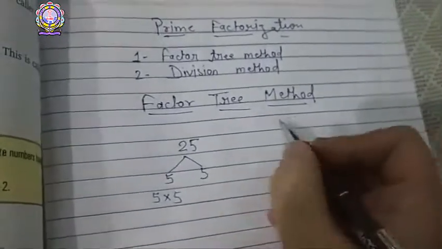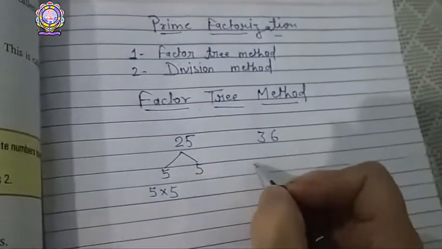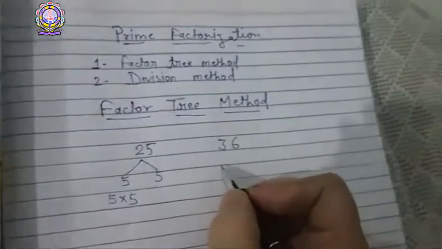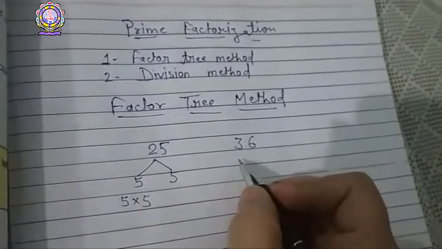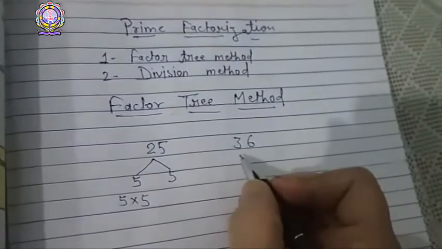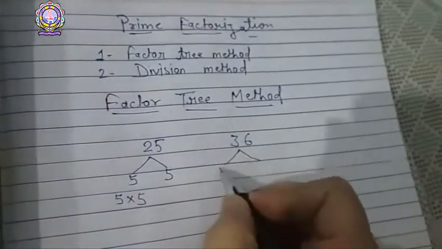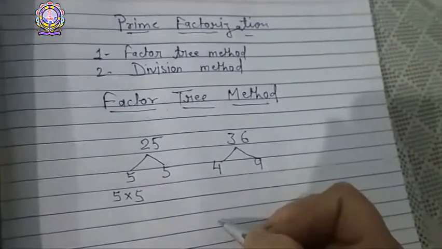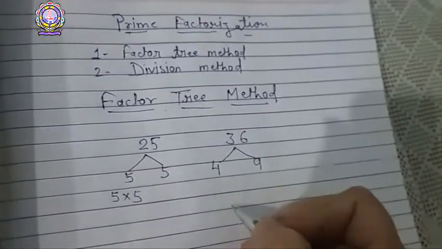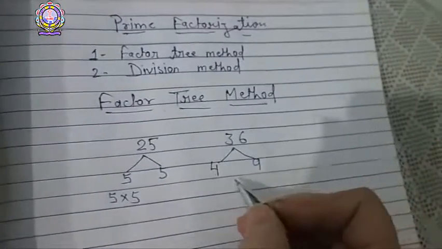Let's see another example. 36. First of all, just break the 36 into two factors, whatever you want. 4 9s are 36. We got the composite numbers. Again, we break the composite numbers into prime factors.